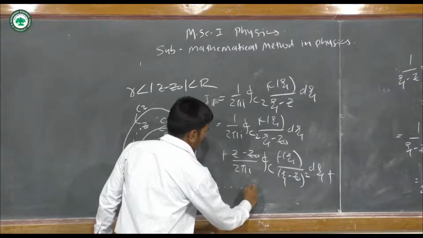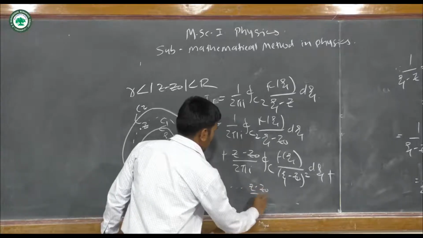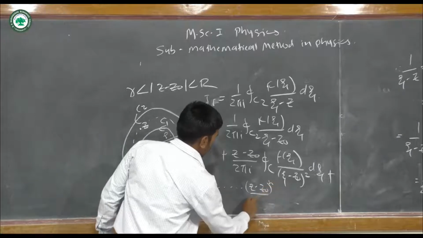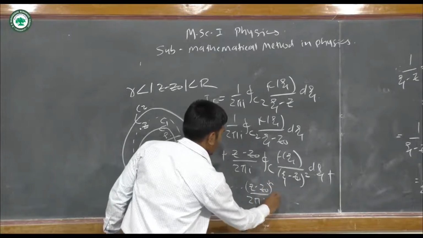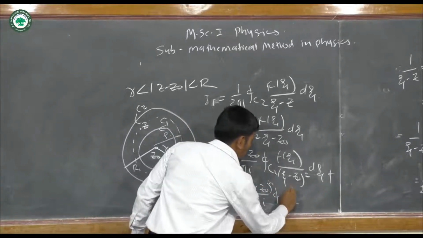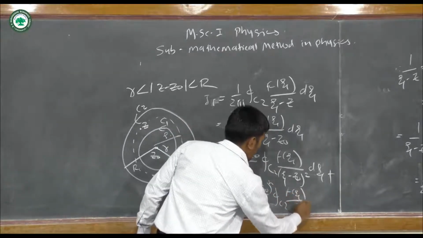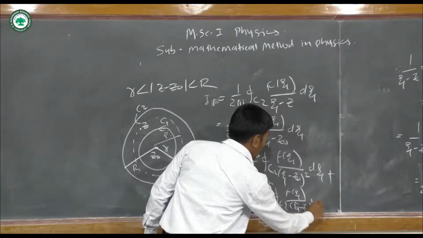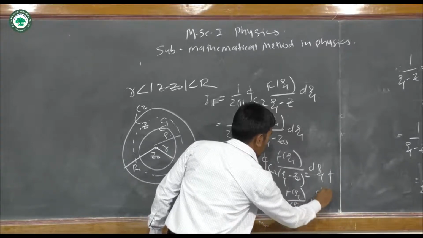So the third term is like z minus z naught to the power n divided by 2 pi i, closed integral over C2, and this is f of psi divided by psi minus z naught to the power n plus 1 into d psi.